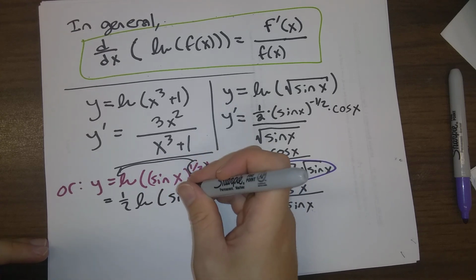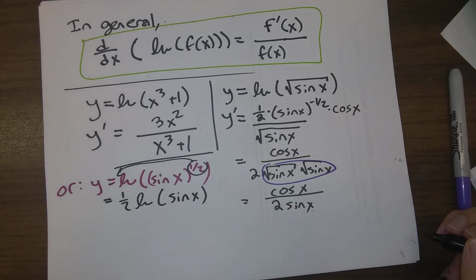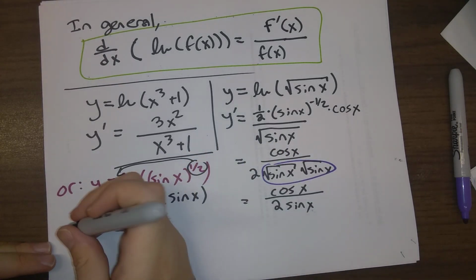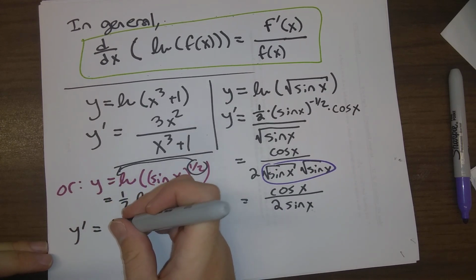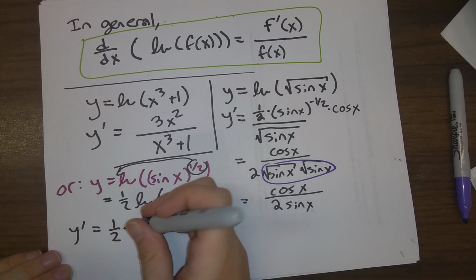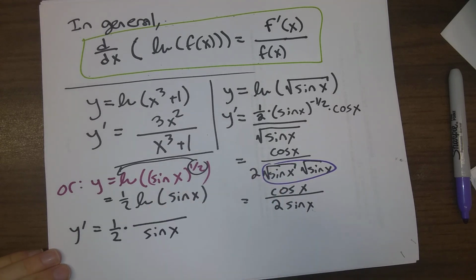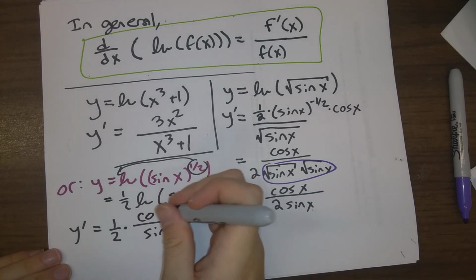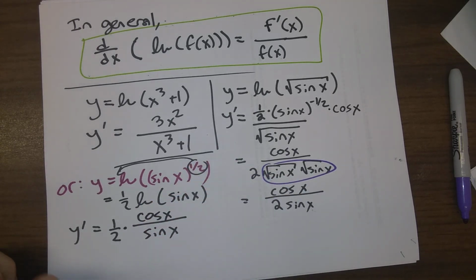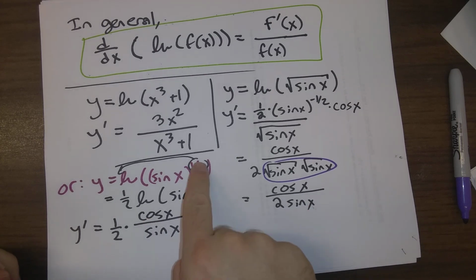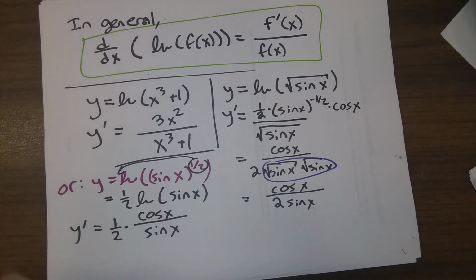So we're not taking the derivative yet, we're just making our lives a little bit simpler. And so then when we are ready to take the derivative, the answer is just 1/2 times our denominator is sine x, the numerator is the derivative of sine x, which is cosine x. So that is doing a little bit of manipulation before we take the derivative, saves a few steps here.